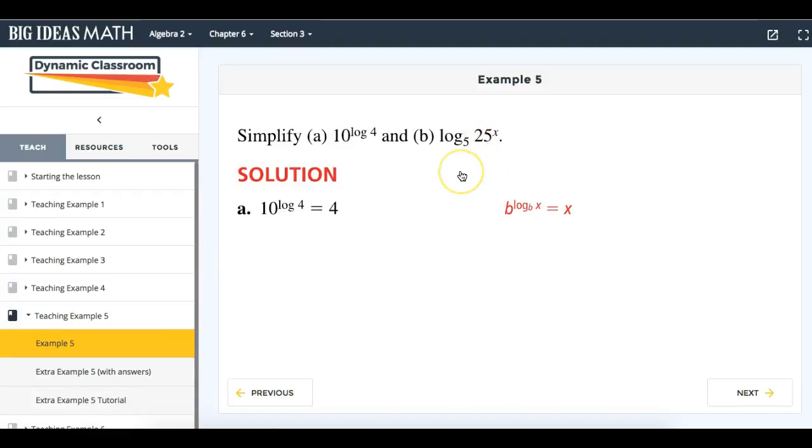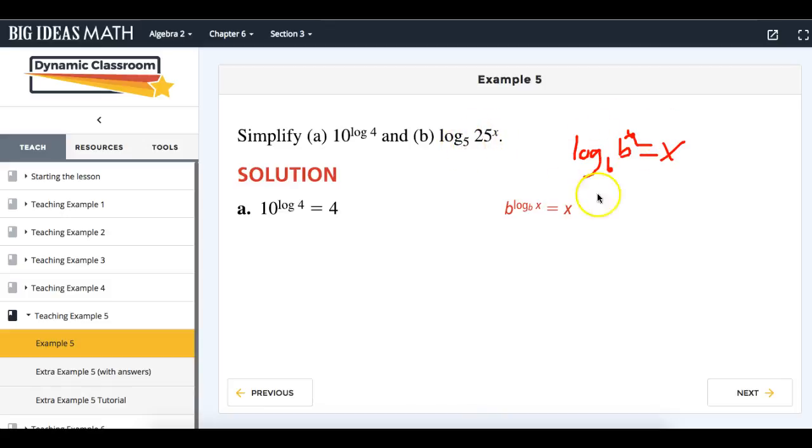Now remember, our rule is that log base b of b to the x equals x. So we need to turn this into something that has the same base as the base we see here.